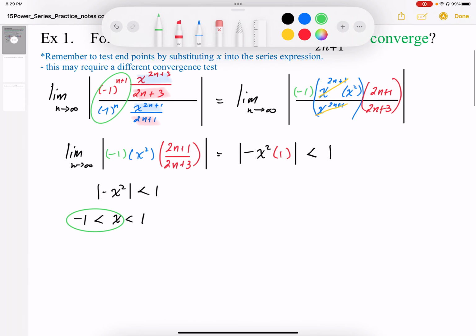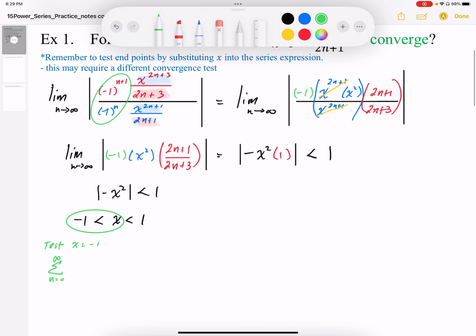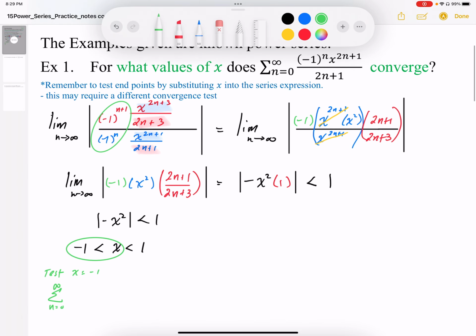So we're going to first of all test x is equal to negative 1. And I'm going to put that into my original series. So I end up with negative 1 to the power n. The x now becomes negative 1, and I have 2n plus 1, and then the denominator is 2n plus 1.